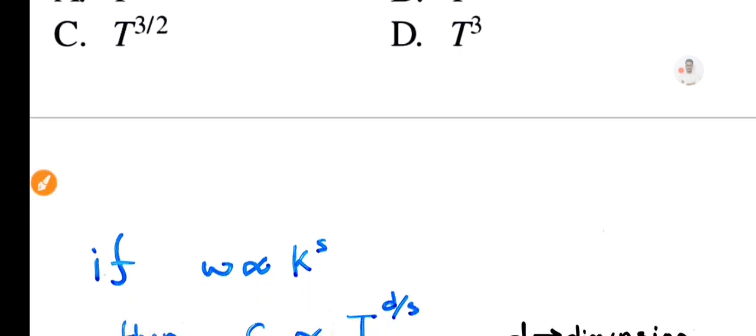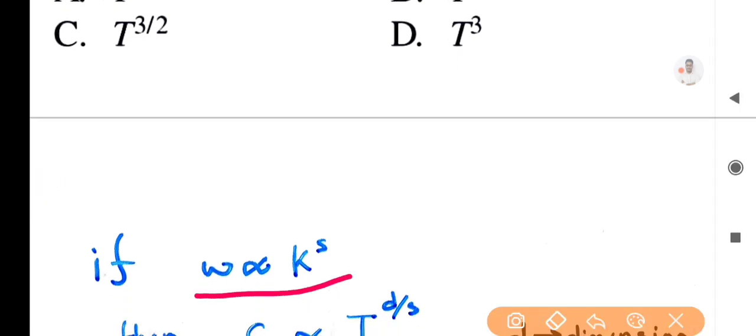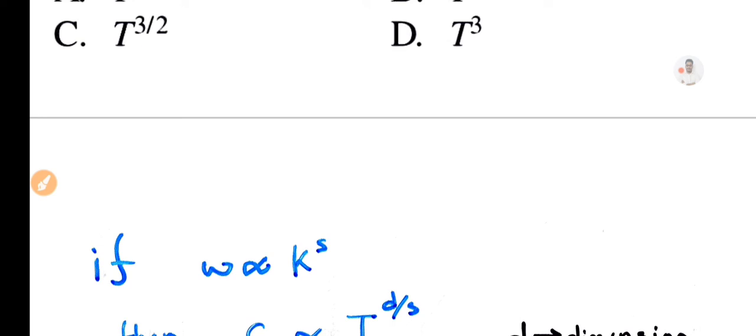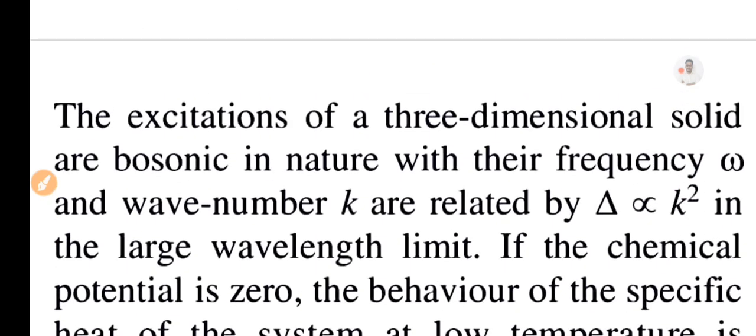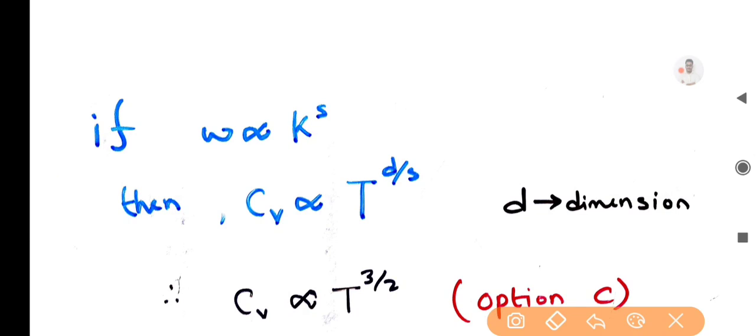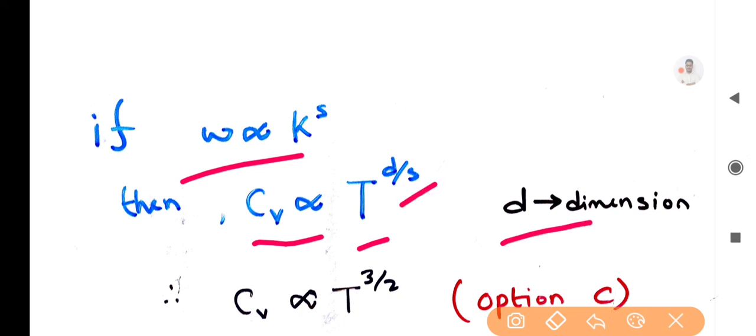If omega is proportional to k to the power s, then Cv is proportional to T to the power d by s, where d is the dimension and s is this exponent. So Cv is proportional to T to the power 3 by 2.